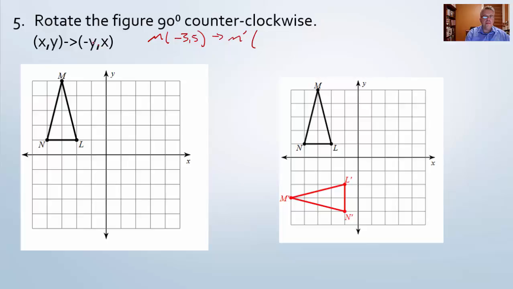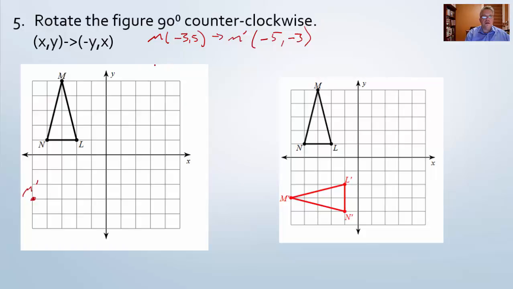We take the opposite of the old y value. The opposite of 5 is -5. And then the second coordinate is the old x coordinate, -3. All right, so M prime is going to be -5, -3, which is right there.